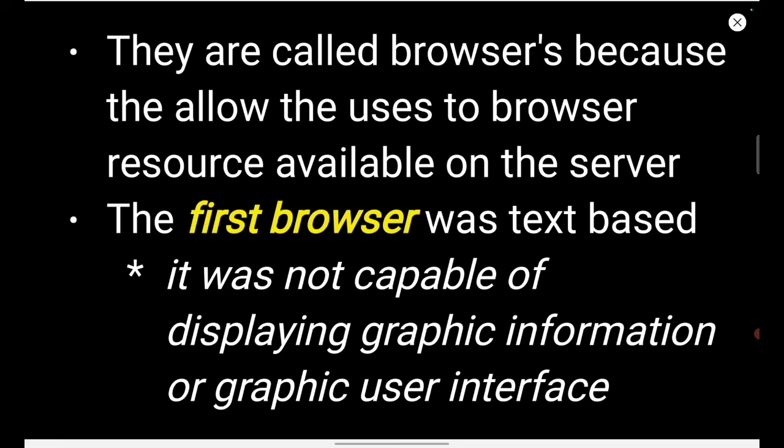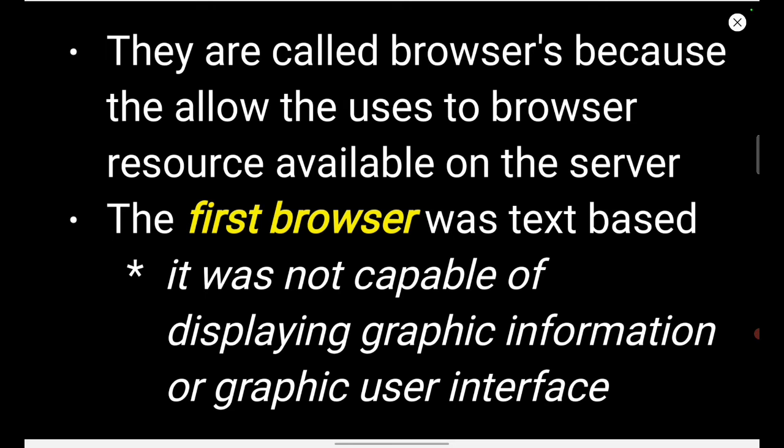Another small piece of information: the first browser was completely text based. Nowadays web browsers are so user friendly that even a common man who is not a programmer or a software specialist can easily go through web pages.